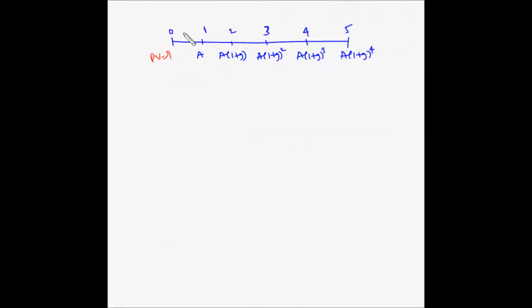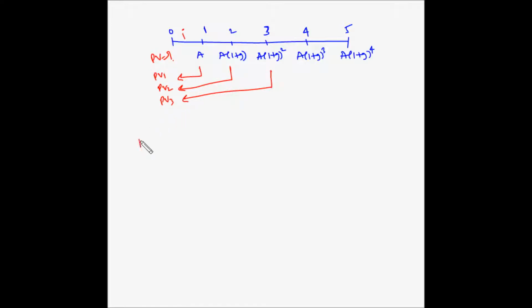So let's say the rate of interest is I. Now the present value of the entire cash flow will be the present value of each of these cash flows added together. So PV1 plus PV2 plus PV3 and so on.